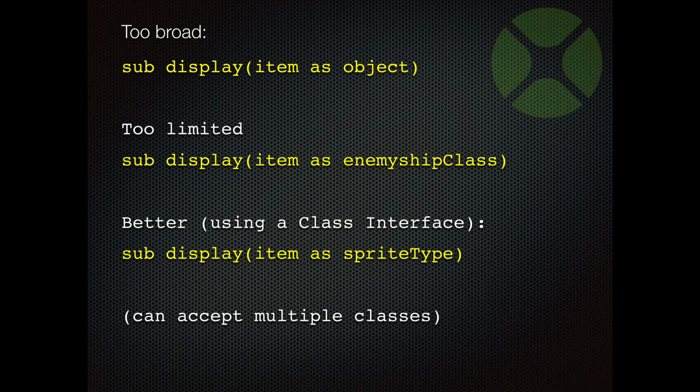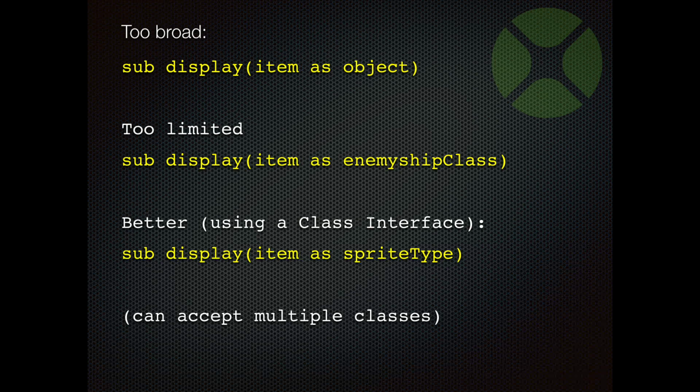So a better way to do this is to use a class interface. A class interface is, like I said, kind of like a disguise. We're basically going to trick the IDE or the compiler into thinking that this object and this object are really the same, even though normally you'd have to write two separate methods for them, because you can't pass them both into the same method since they're different.